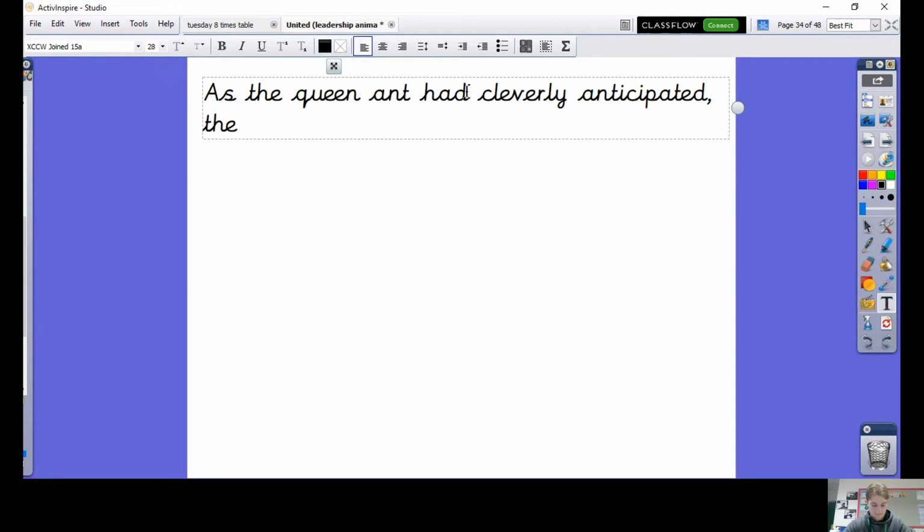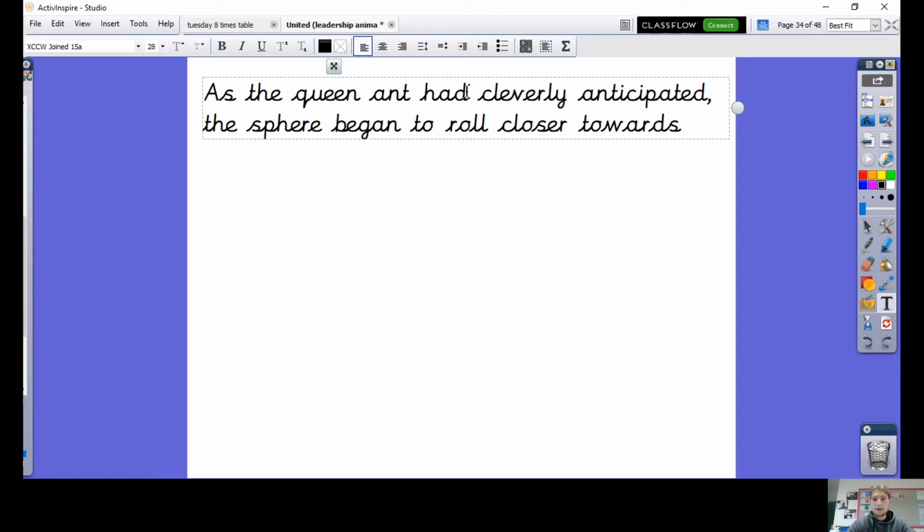The sphere, which is the ball of ants, the sphere began to roll closer towards. Now I could use anteater, but I'm trying to think if there's a slightly better way of describing the anteater.